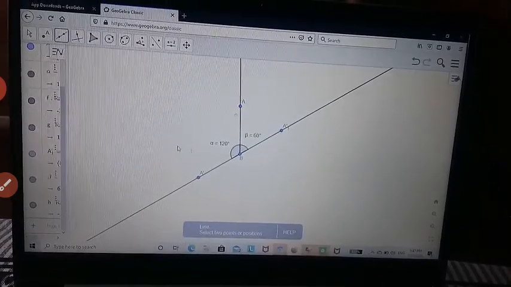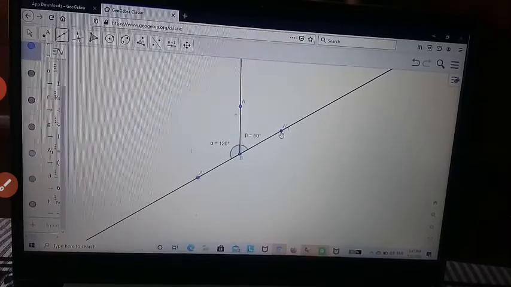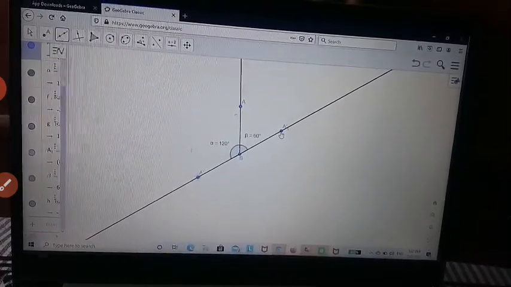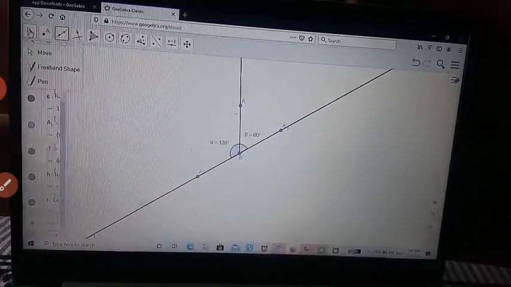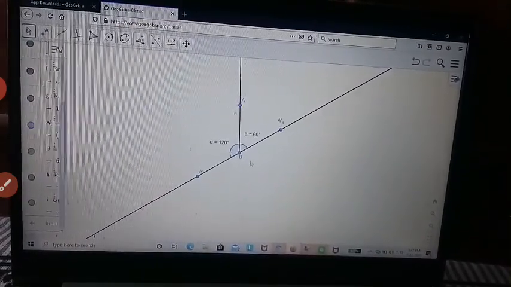But how do we say that A dash B A1 dash is a line? How can we surely say that A dash A1 dash is a line?